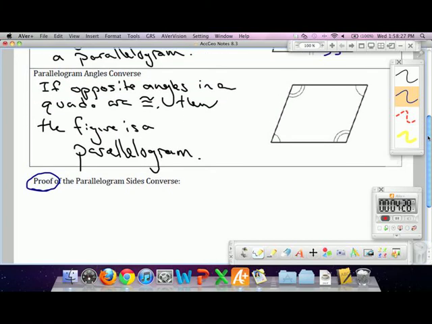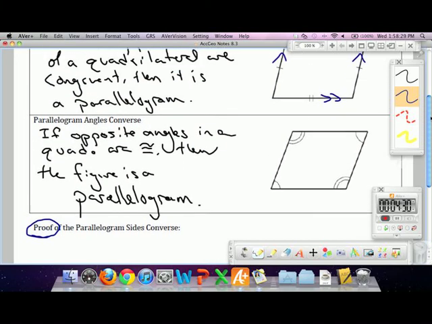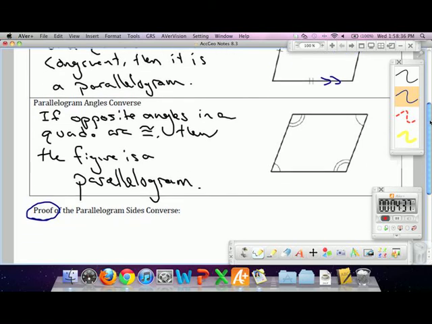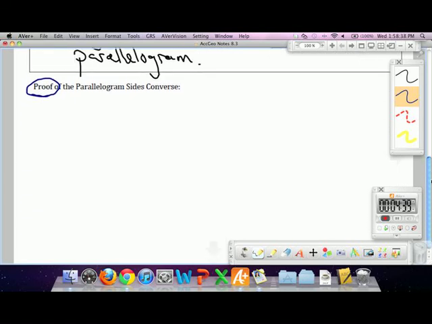The parallel sides converse says that if we know opposite sides of a four-sided figure are congruent, then we know they're parallel. So we're going to start with a diagram where we have this figure.